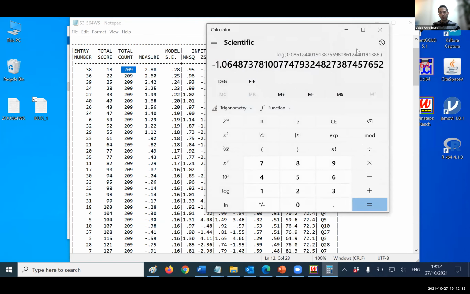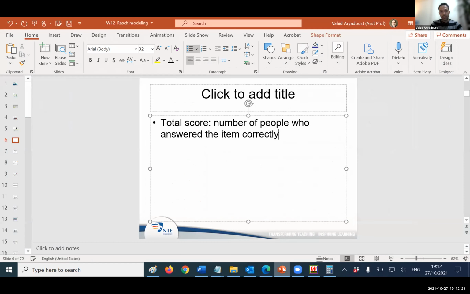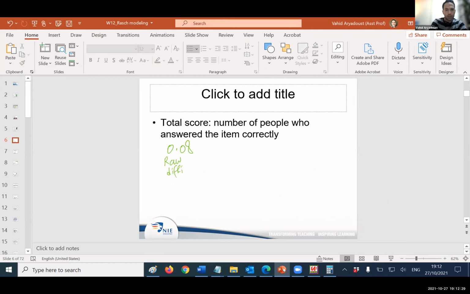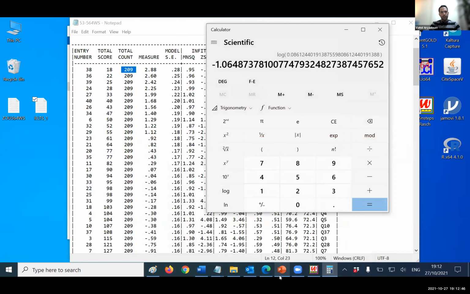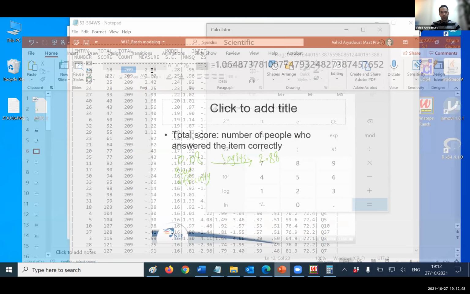But anyway, what I wanted to say is that 0.08, which is the raw difficulty, is converted to logits, and we get 2.88. So here, 2.88 is the most difficult item among all.